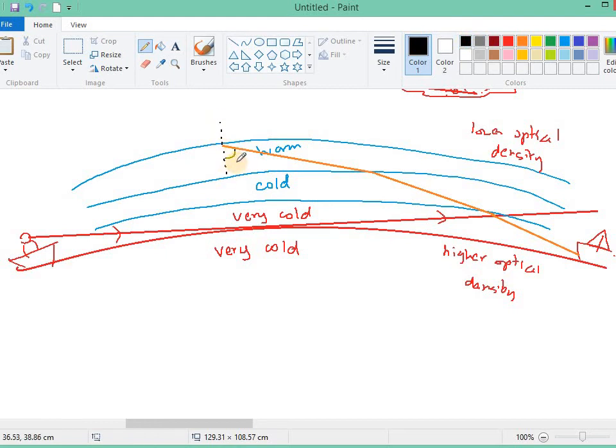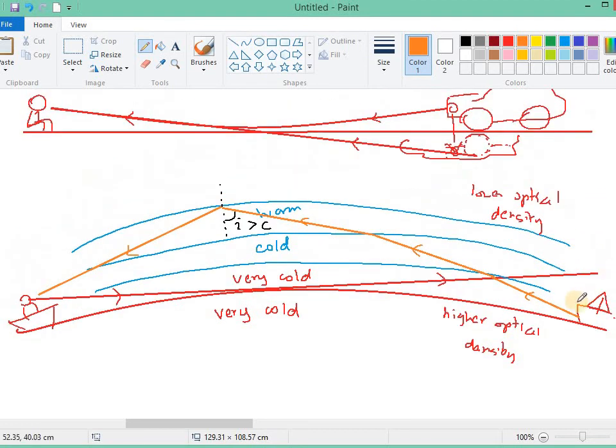If this angle is larger than the critical angle, what happens? Total internal reflection will occur, so the light will reflect down. If the light reflects down and goes into your eyes here, then that means you will be able to see this boat.